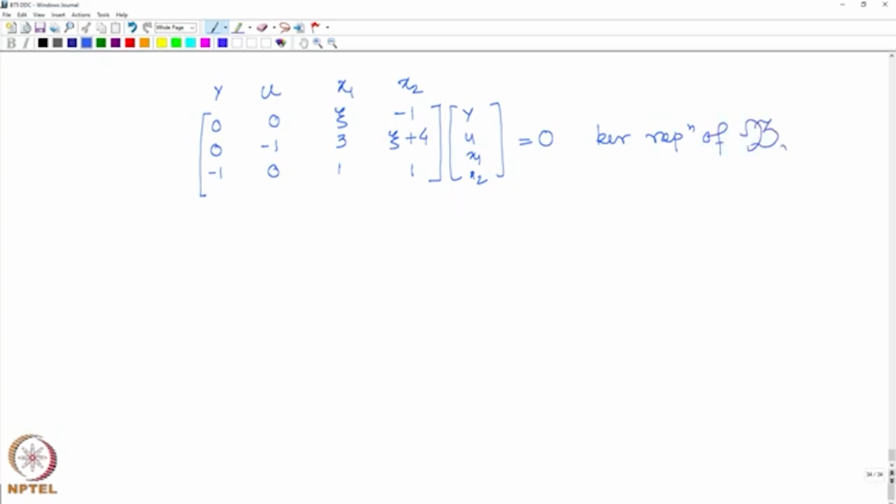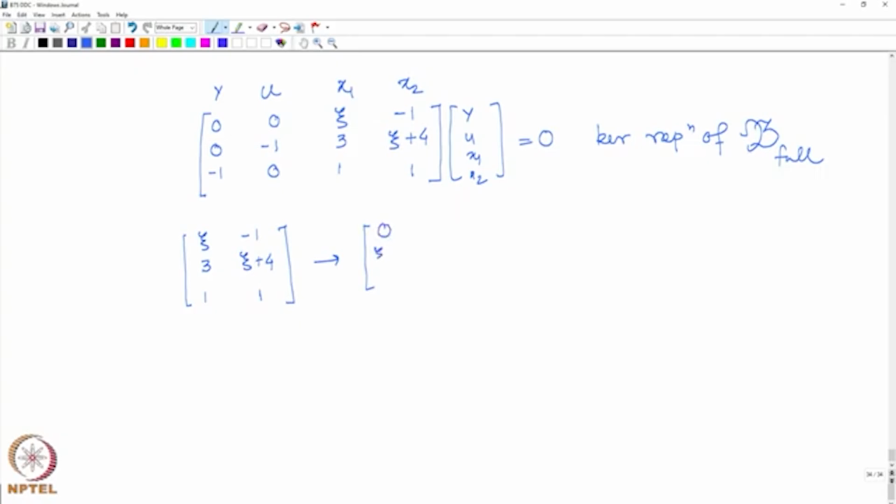I want to obtain the manifest behavior from here. The elimination process tells me that I need to find the maximal left annihilator of this matrix: xi plus 3, 1, minus 1, xi plus 4, and 1. Just like before, we do this trick of column operations and make this entry 0.